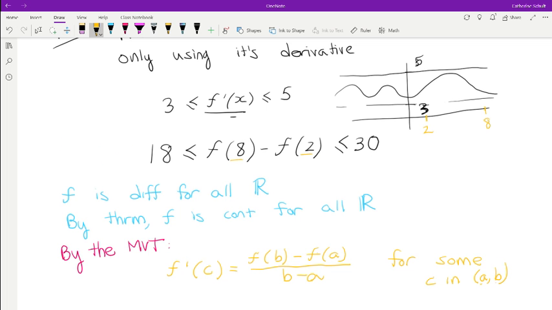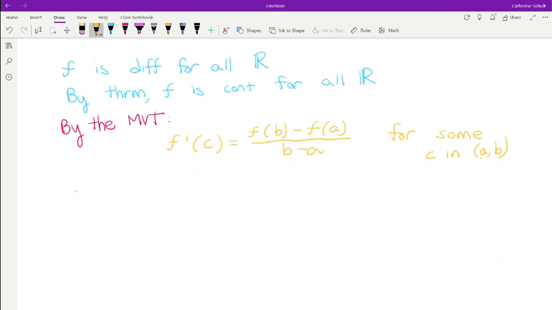It's true for any open interval, but we're going to choose 2 to 8. So that means f prime of c is going to be equal to f of 8 minus f of 2 over 8 minus 2, which is 6, so I'll just write in 6.